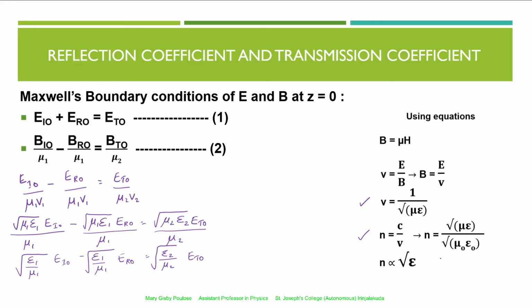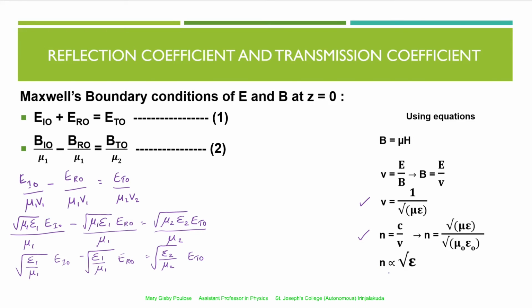Now, here we have assumed that mu is equal to mu naught. That is, the relative permeabilities of both the mediums are the same. Hence, mu can be equal to mu1 is equal to mu2 is equal to mu naught. Thus, this expression becomes n is equal to square root of epsilon by epsilon naught.